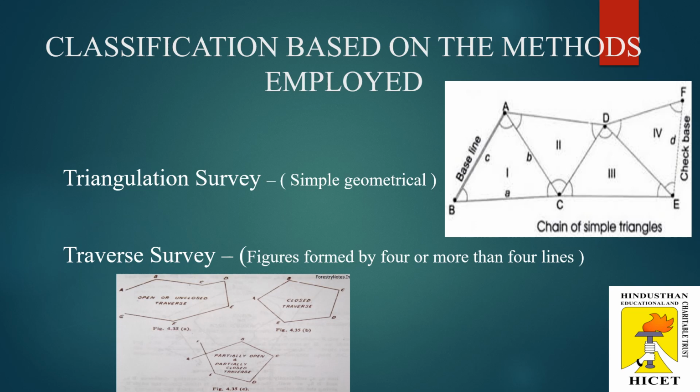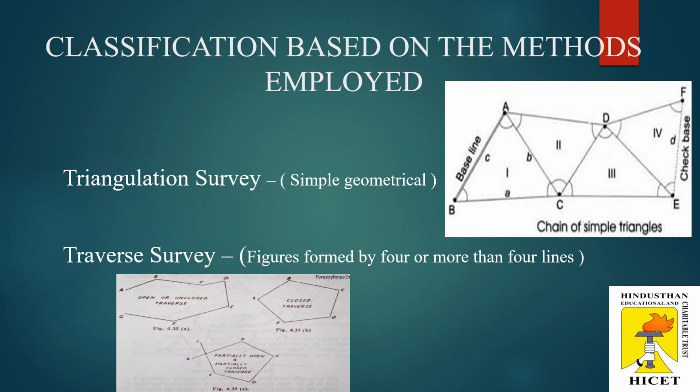Next one is a traverse survey. The traverse survey is the method in which the whole area surveyed is divided into a number of figures formed by four or more lines, and observations are made with the help of a traverse. So here you can see the multiple types of traverse.